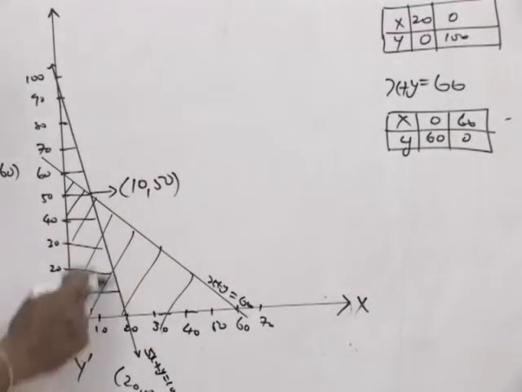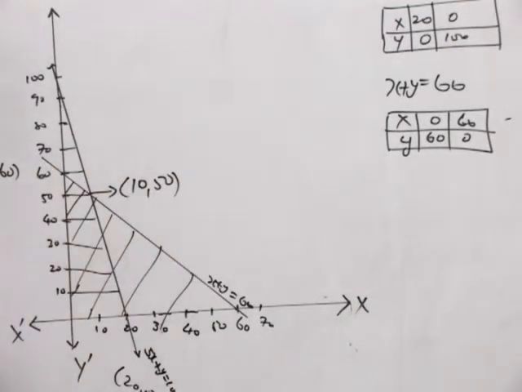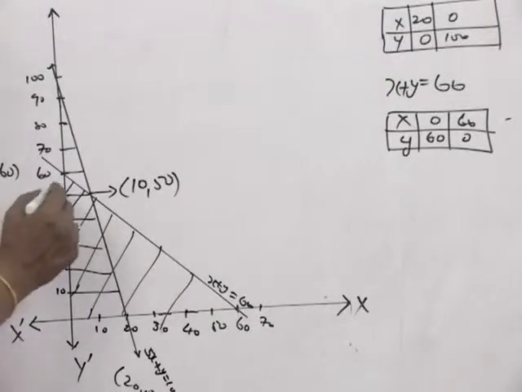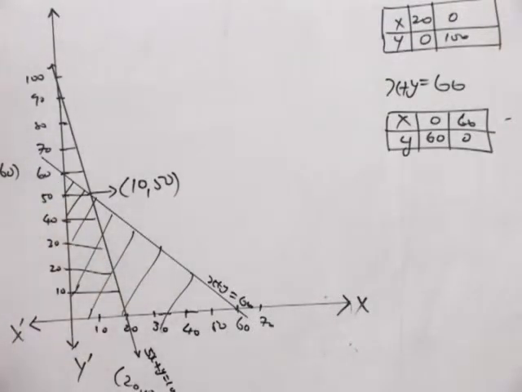This 10, 50 is the common point. Hence, the common region belonging to both must give values for x and y which will satisfy both equations. Among them, one of the values will maximize the value of Z.